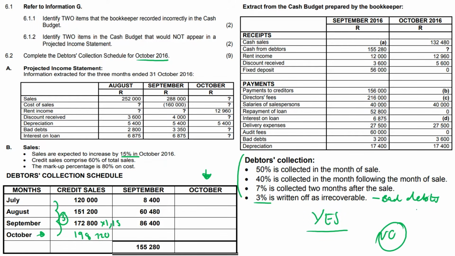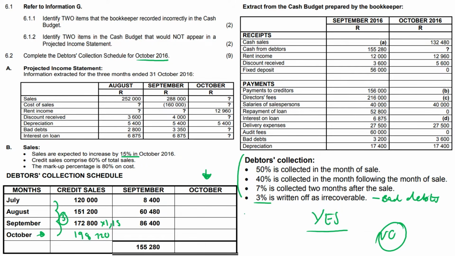You are no, but no, it doesn't. Because this is our debtors collection schedule. It's money that we're receiving. It doesn't include anything regarding bad debts. So the answer is no. July does affect October in terms of bad debts, but not in terms of our debtors collection schedule. Whatever credit sales we made in July, we're not going to receive anything in October. So we also leave this blank. Or you could plug in a 0 if you like. I just prefer to leave it blank.